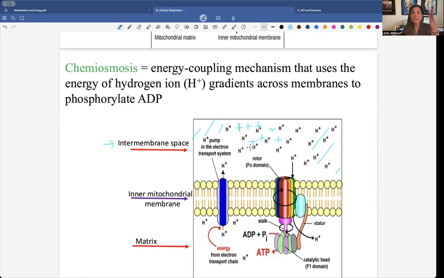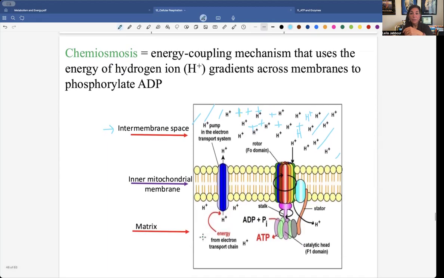Okay, so what happens next? You have all of these hydrogen ions that are packed in here. And here you have an ATP synthase.